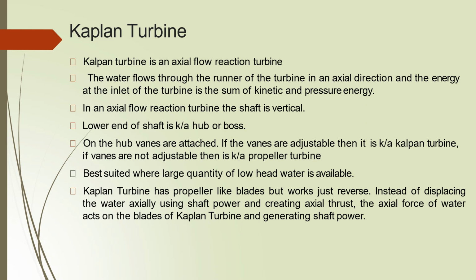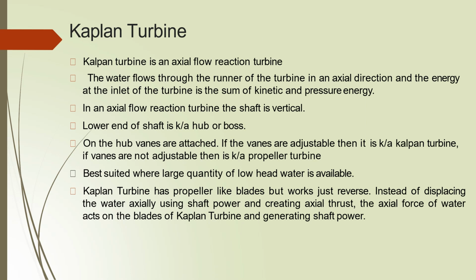It is best suited where a large quantity of low head water is available. Kaplan turbines are suitable where the head is very low. A Kaplan turbine has propeller-like blades, but works just in reverse.